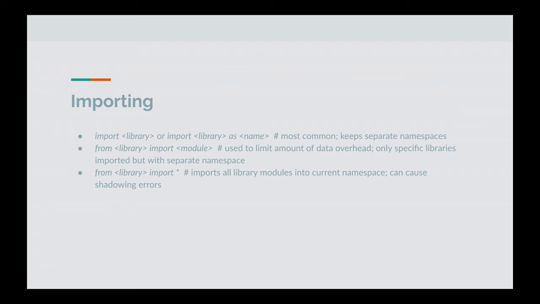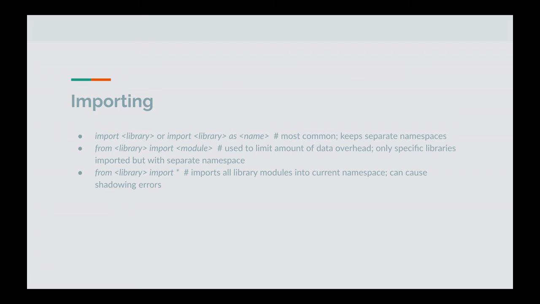If you want to put everything that you're importing into your own namespace so you don't have to specify where it's coming from, then you can do from your library import star. So if you wanted to import everything from the math library, your option is to import math, which keeps the namespace, or from math import star, which will again import everything, but it does not keep that math namespace.